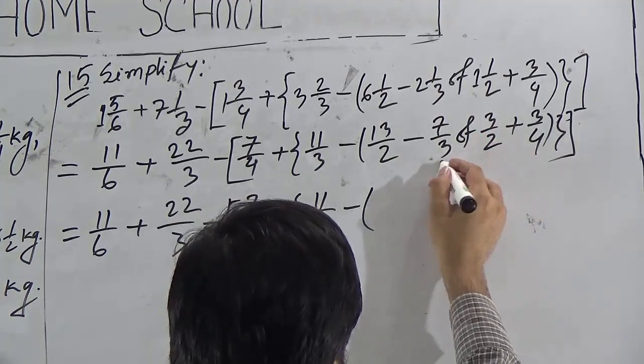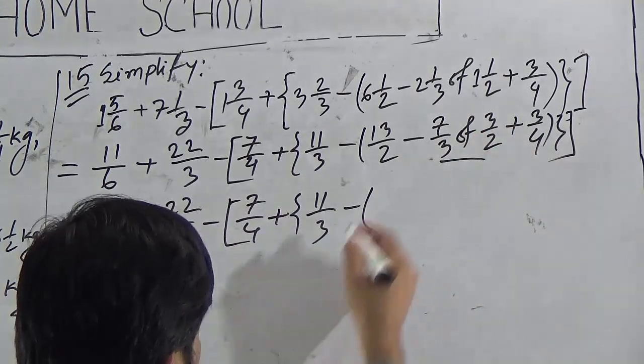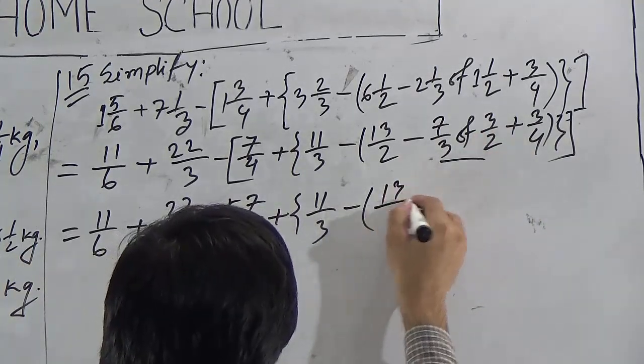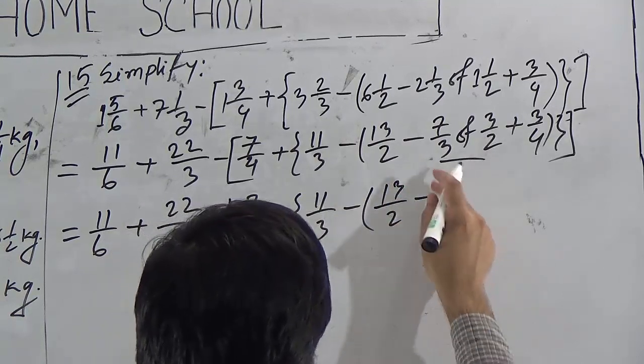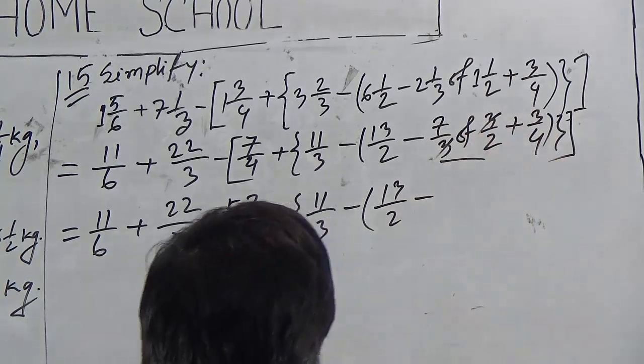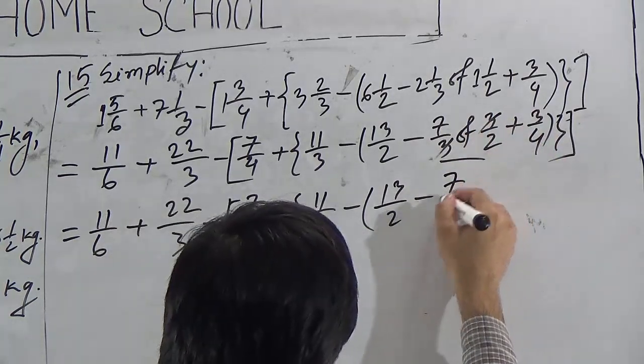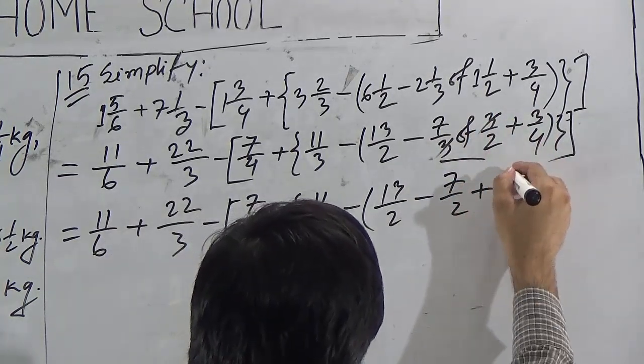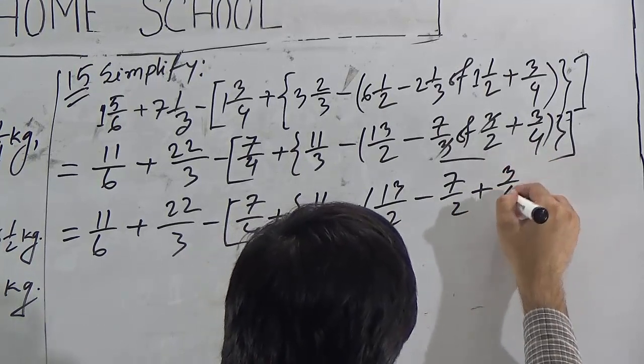So at first we have to do the operation of. So we can write here 13 by 2 minus, if we do the operation of, means multiplication, so we can cut 3 and 3, it will be 7 by 2, then addition.